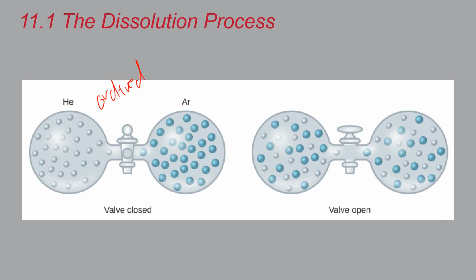That's why they're gases. So if you were to open these containers up, so a valve is closed here, the valve's open on the right side, you would find that spontaneously these two would mix.